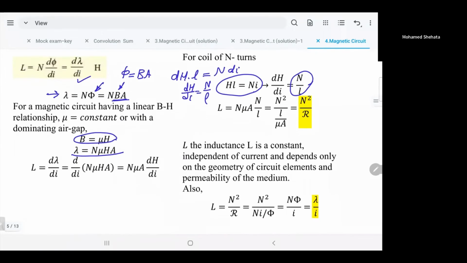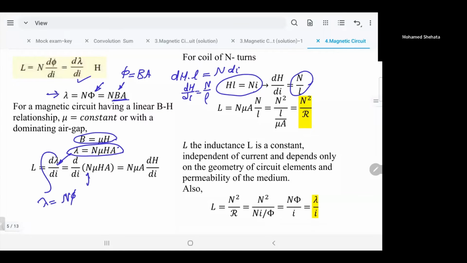So here we have lambda equals N mu H A, which comes from there. And we know that L is equal to d lambda by dI, and I will remind you, lambda is equal to N phi. Let's differentiate with respect to I. We substitute lambda here, so it's N mu H A, and then we differentiate with the current.